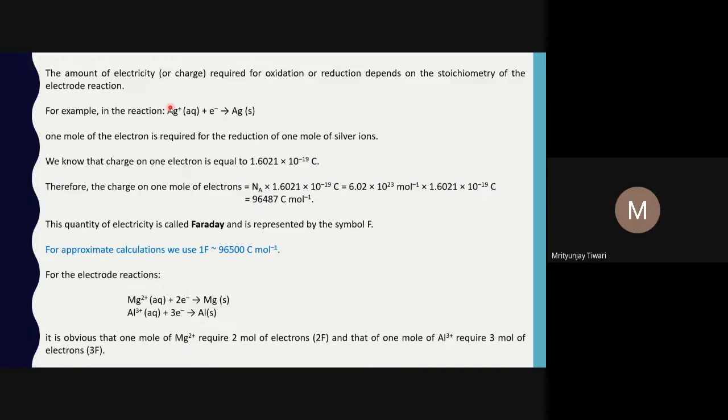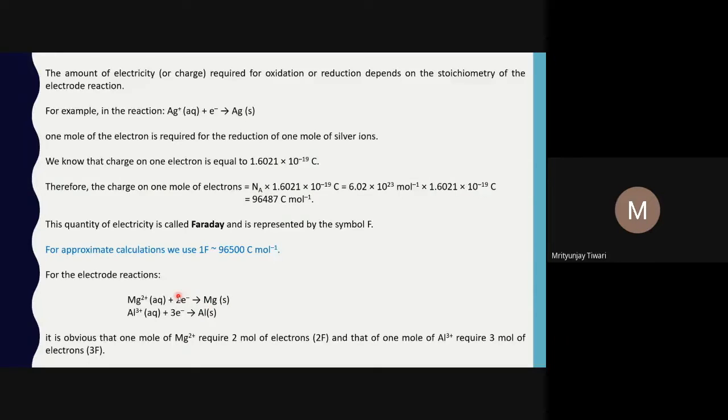in that case, the equivalent weight of the metal will be equal to its molar mass or molecular weight. However, if 1 mole of metal requires 2 moles of electrons to get reduced from its corresponding cation, then 2 equivalents of this metal are there in 1 mole of that metal, which means 1 equivalent of that metal will be equal to the molar mass, the mass of 1 mole of that metal, divided by 2.